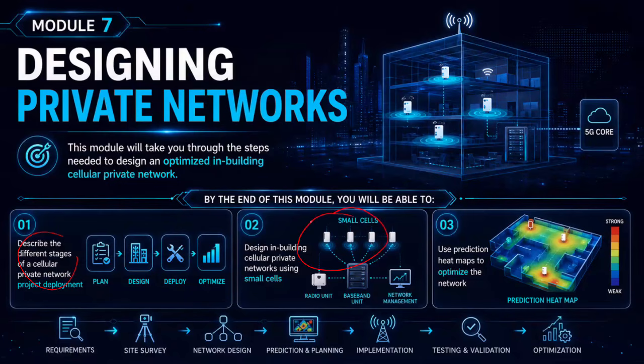And after that, we'll see how prediction heat maps help us analyze the RF coverage and optimize the design. So the focus here will be very practical: requirements, planning, RF design, small cell placement, predictions, testing and validation, and optimization. We'll try to cover as much as possible in the next 1 hour or so, and the rest we can cover in the next session.